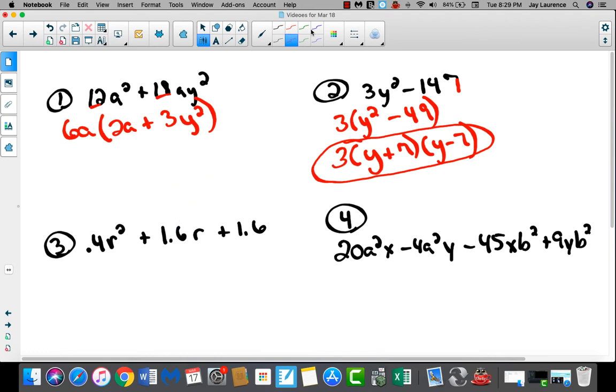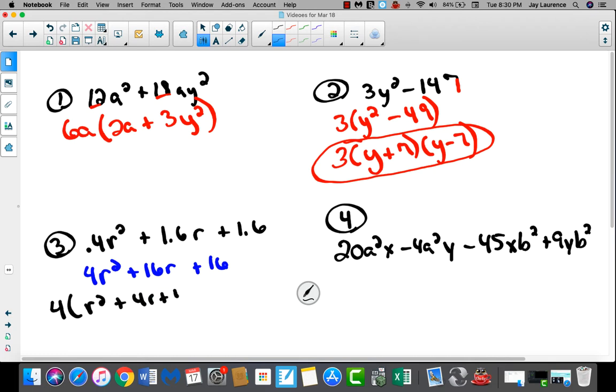All right, number 3. The first thing I'm going to do is multiply everything through by 10. And that's going to turn this into 4r squared plus 16r plus 16. Now, I see a GCF of 4. I'm going to factor it out, and that's going to leave me with r squared plus 4r plus 4. And I'm thinking that's a perfect square trinomial.